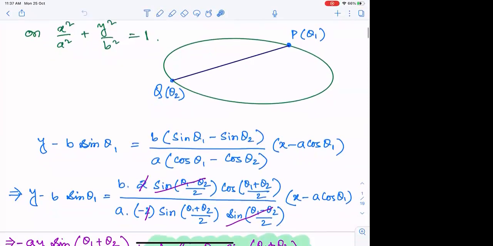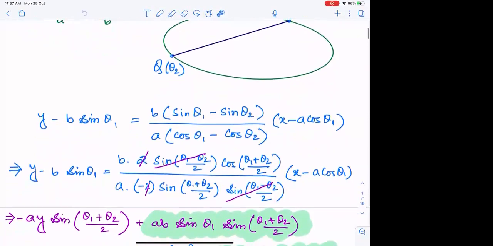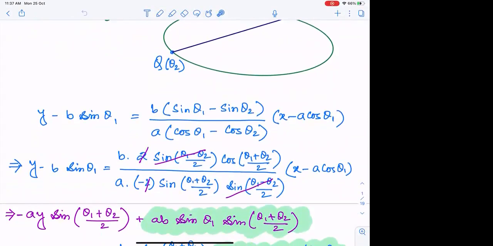And now we are pursuing a cross multiplication. So if we cross multiply, this minus a sine of theta 1 plus theta 2 by 2 is multiplied to the other side. So we are getting minus ay sine of theta 1 plus theta 2 by 2 plus ab cos theta 1 sine of theta 1 plus theta 2 by 2.